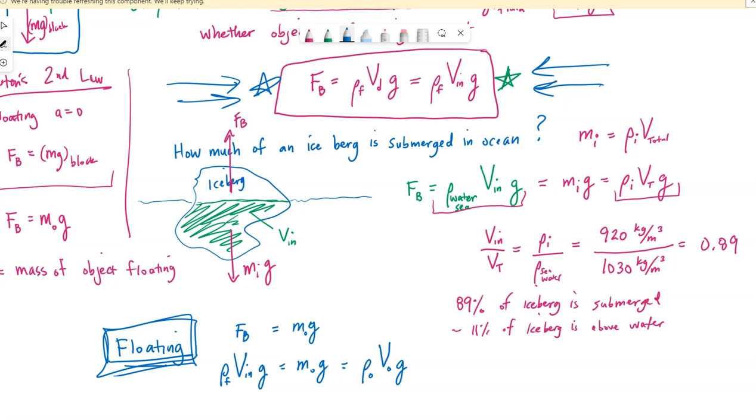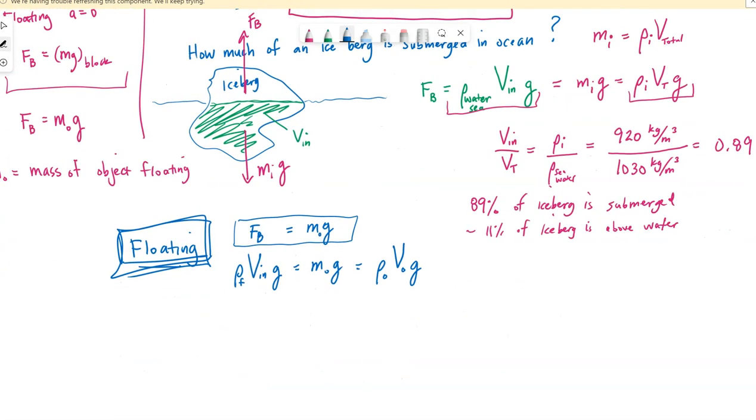But if an object is floating, Newton's second law tells us that buoyancy force needs to equal the weight of the object as well. Any object whose density is less than the density of the fluid will float.